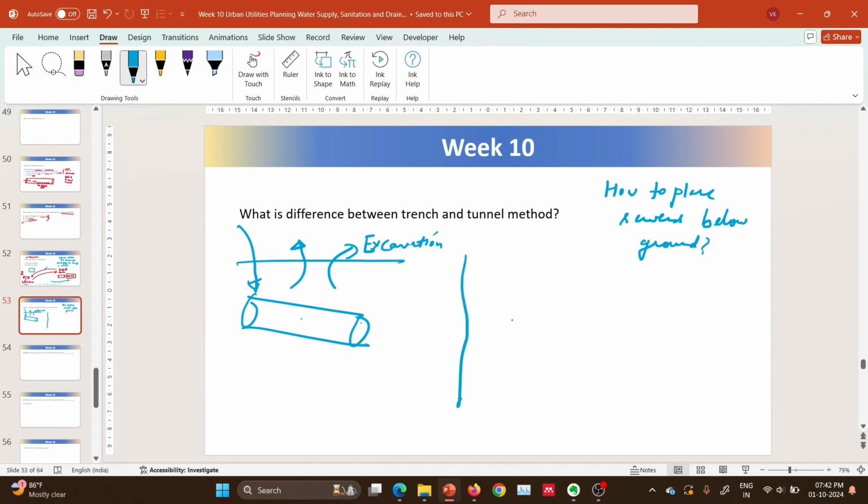And in tunnel, what happens? A shaft is created. This is the soil. A shaft is created and a tunneling machine is inserted, so it will make the hole.